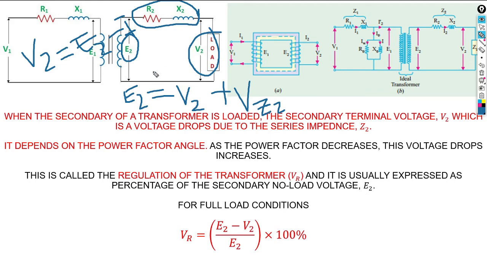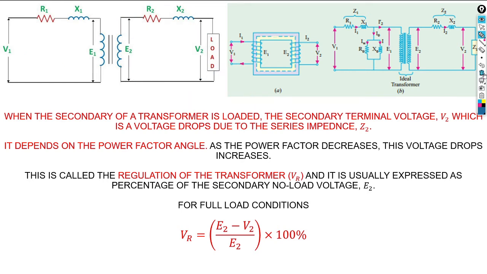Therefore, if I induce, for instance, 110 here, I may not get 110, I may get 105 because of those series impedances. Sometimes this also depends on the power factor angle. As the power factor decreases, this voltage drop increases.